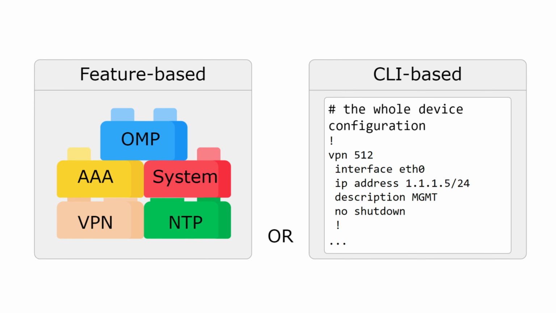In the device template, this becomes a system feature template. Then you configure your VPN 0 interface, VPN 512 interface, or service VPN interfaces from here. If you have NTP features, you can create another feature template. The purpose of telling this is that these are small features which are called upon in the device templates, and the device template is then applied to the device.